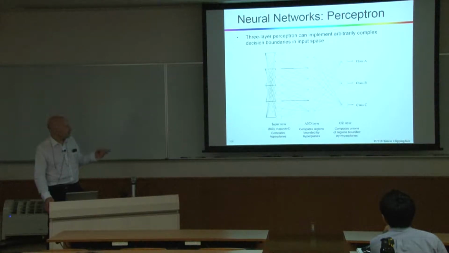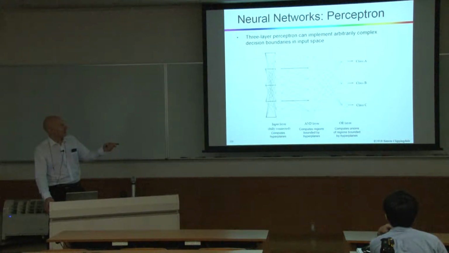But in theory, here's your input layer. Input vector comes in here. The first layer computes hyperplanes in the input space, as we just saw with the single layer perceptron. Then this layer functions as an AND, effectively computing regions bounded by the hyperplanes that were computed back here.